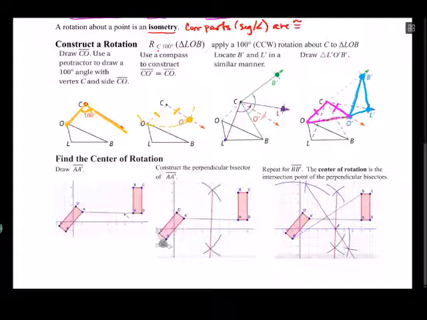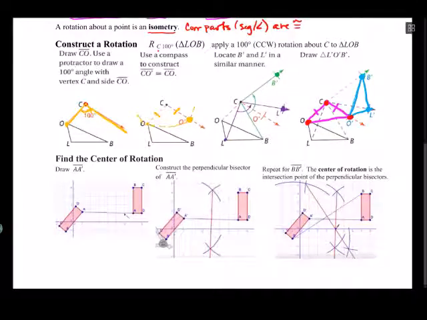O to O prime is just another segment that we can draw in. What do we know about a point that is equidistant from the endpoints of a segment? That's right, that point is on the perpendicular bisector of the segment.